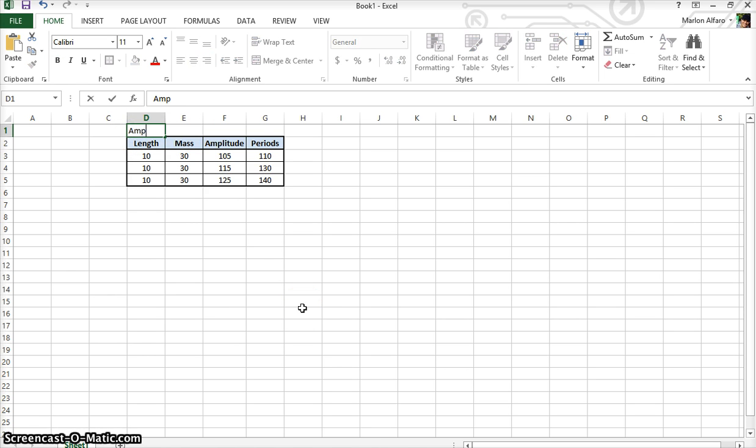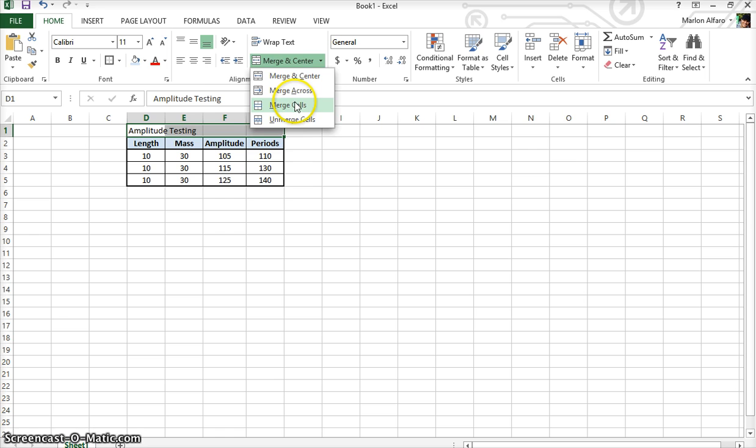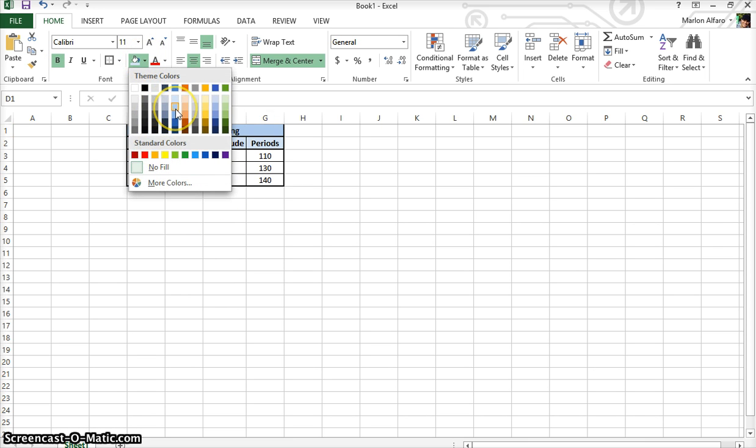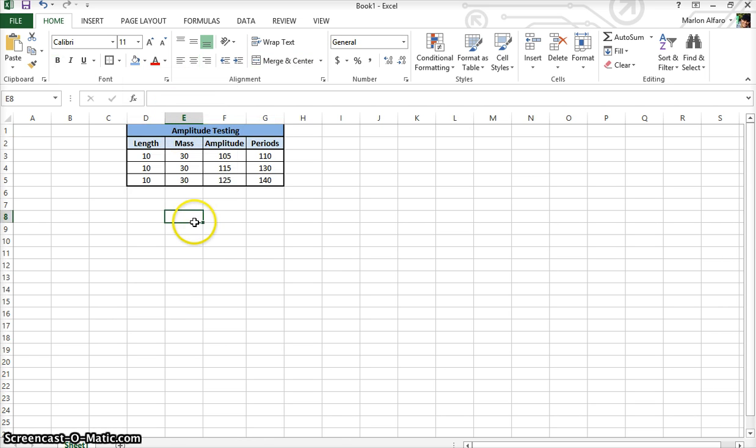I'll name this table amplitude testing. And again, you want to label things because you want to know exactly what this table means. That way anybody can look at this table and see that what you're testing here is the amplitude, but also they can just read the heading, which will tell them exactly what's being tested.